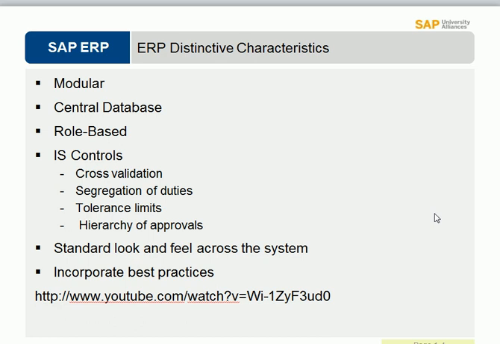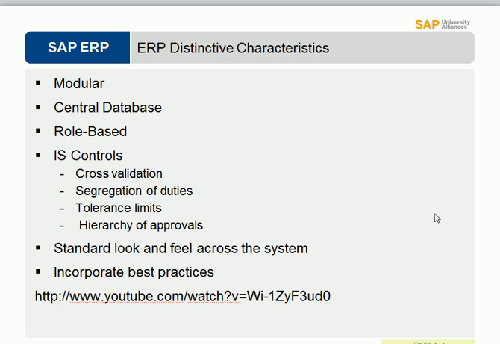Cross-validation means that if I am receiving, for example, a computer that I have ordered, the storehouse or the warehouse will validate and make sure that the computer that I am receiving is the one that I have ordered. So that's cross-validation.